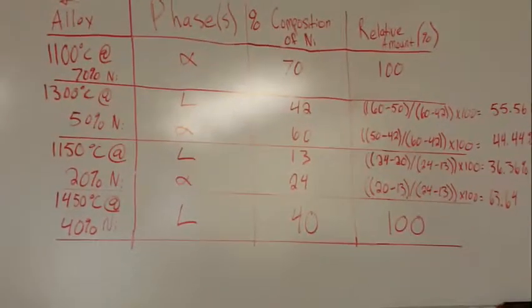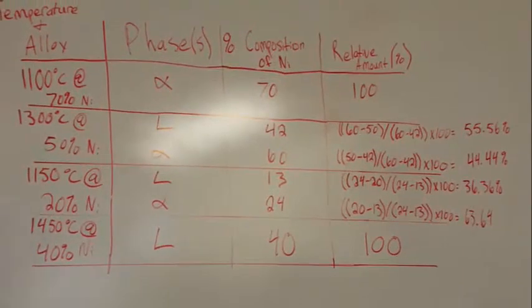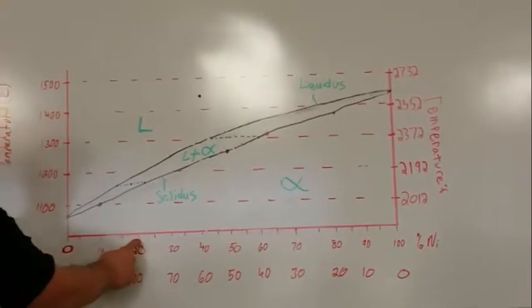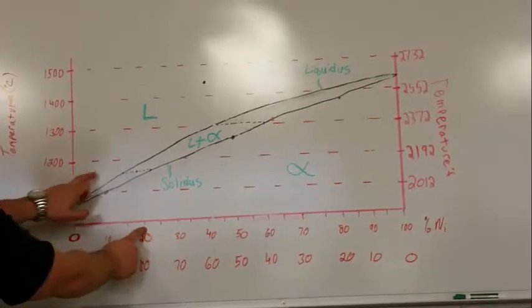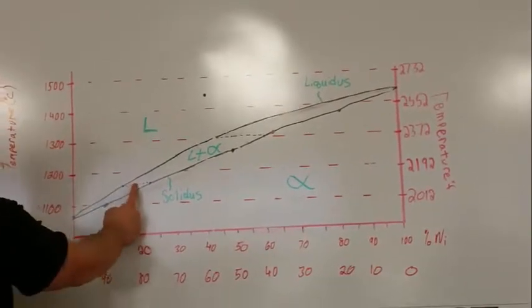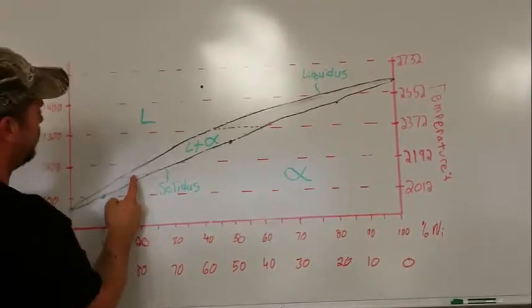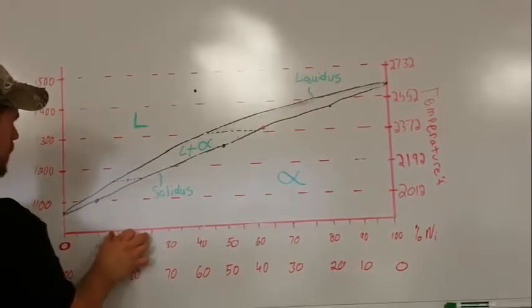Alright, so let's take a look now at 1150 degrees Celsius at 20% nickel. Come over here, 20% nickel. We find 1100, 1200, so 1150. It's about right here. Then I landed again in the liquid and alpha region. So I draw a tie line. Bring those down.